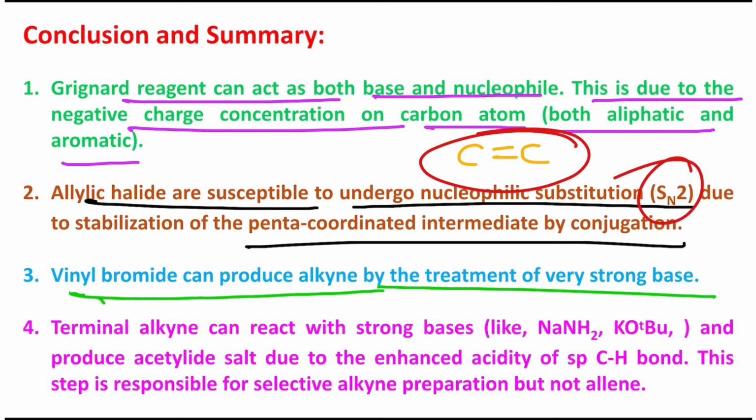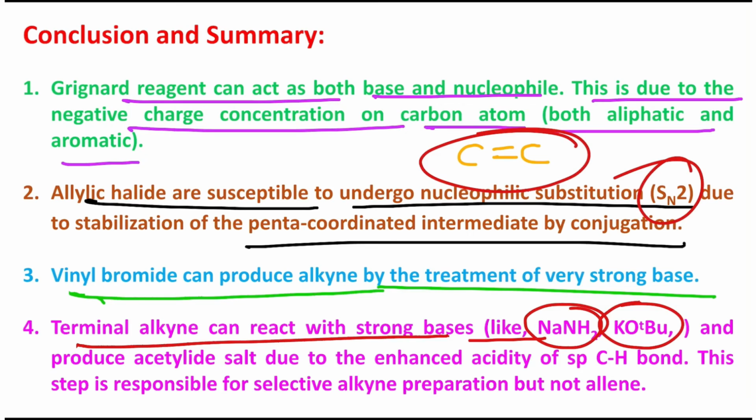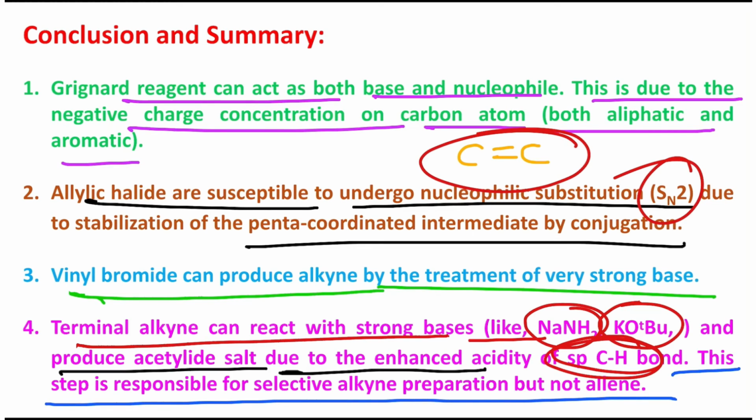Okay, so you can see this terminal alkyne can react with strong bases like sodamide and potassium tertiary butoxide etc., and it produces the acetylide salt, and it is produced due to the relatively enhanced stability of this acetylide salt, because the deprotonation happens on the sp C-H bond. Okay, and remember that this step is responsible for selective terminal alkyne preparation, and that's why no allene is produced as an intermediate. Okay, so this is the end of the discussion.